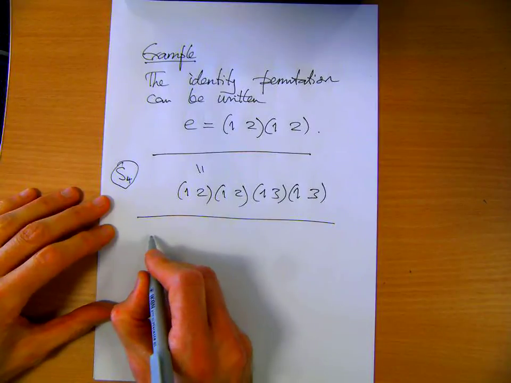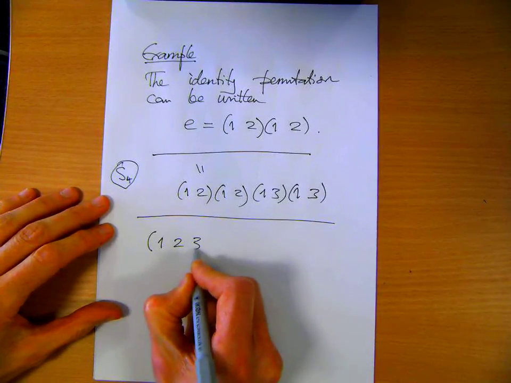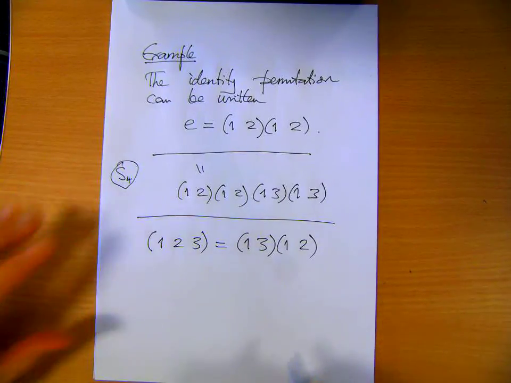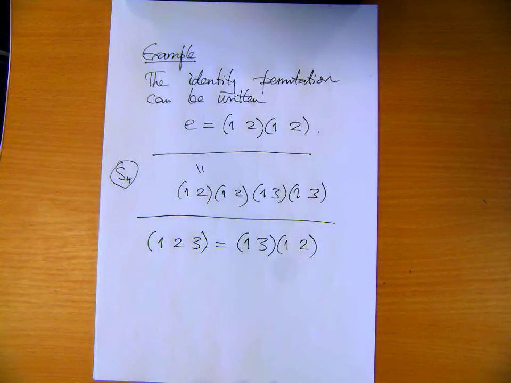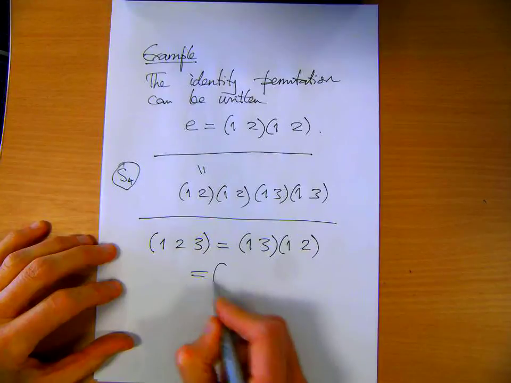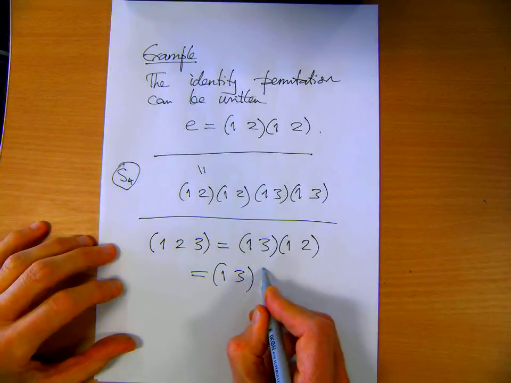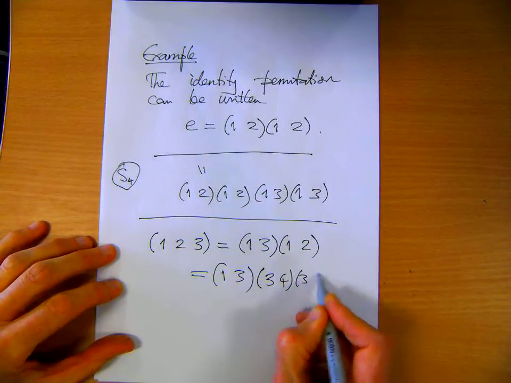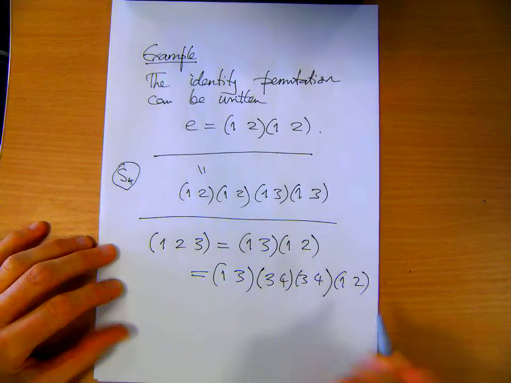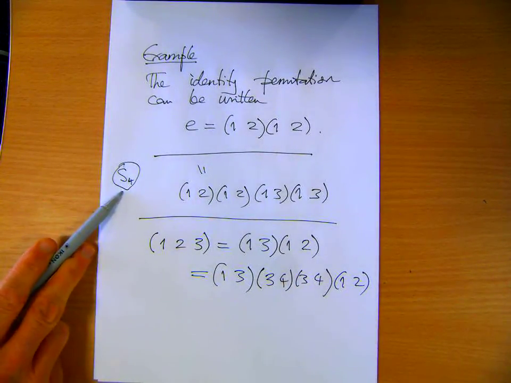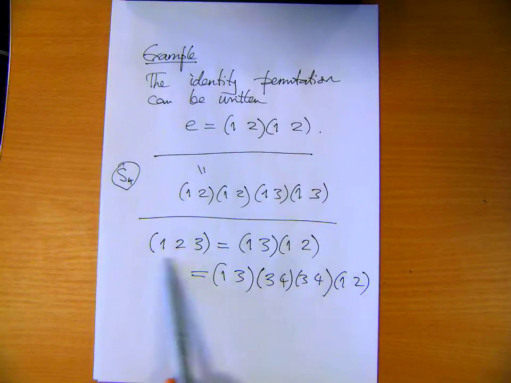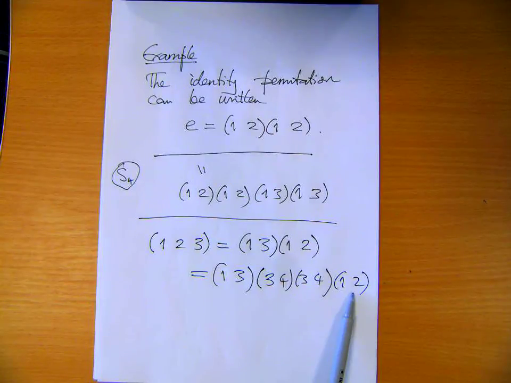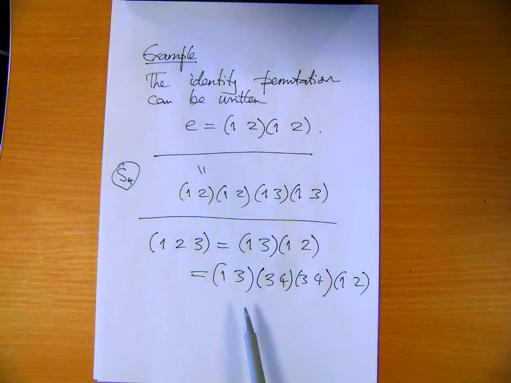Another example, suppose I took (1 2 3). Well, that can be written as (1 3) times (1 2). And it could also be written as (1 3)(3 4)(3 4)(1 2), if we were working in S4. So I can write (1 2 3), this 3-cycle, as the product of 2 transpositions, or of 4 transpositions, or of 188 transpositions.